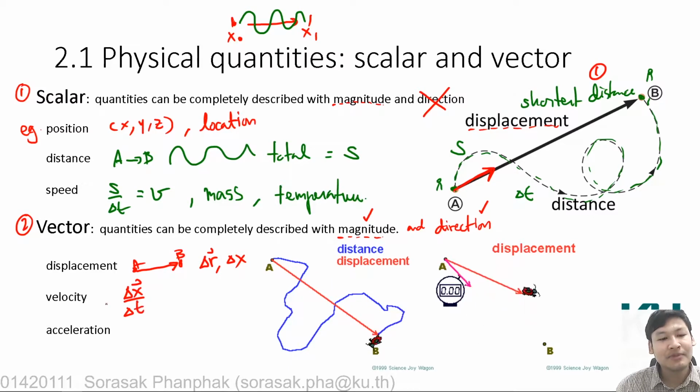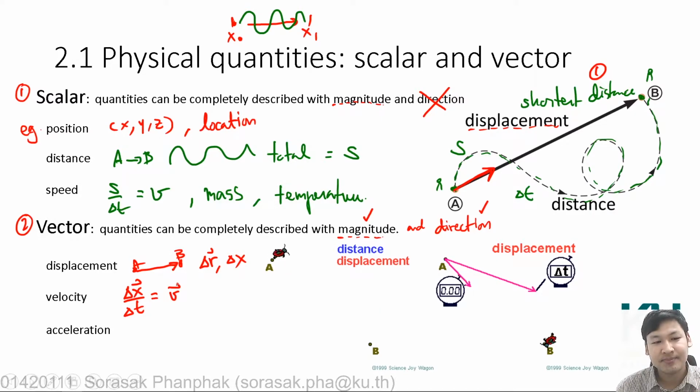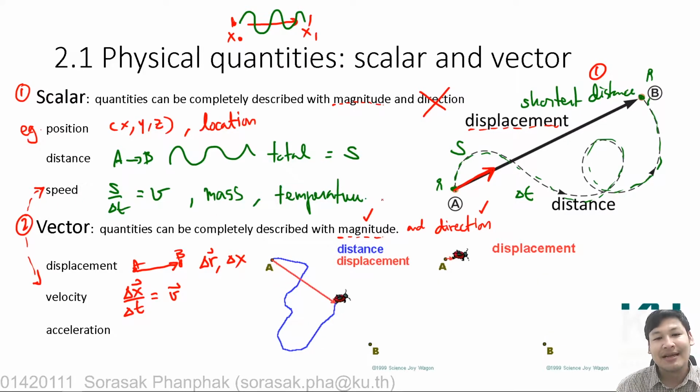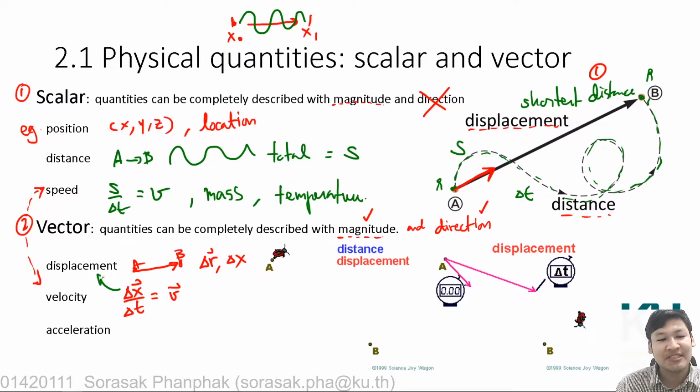If you have a displacement divided by time, you have the definition of velocity. Velocity is different from speed, since speed is the distance over time, but velocity is displacement over time. So what is the velocity here?